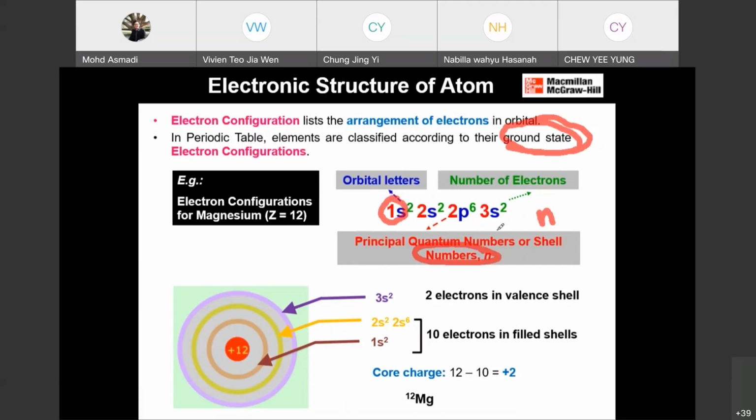Actually, the arrangement of electrons is not in orbits. This one is not wrong, but it is like the first theory of the arrangement of electrons, which was suggested by, if you remember, Bohr, the researcher.